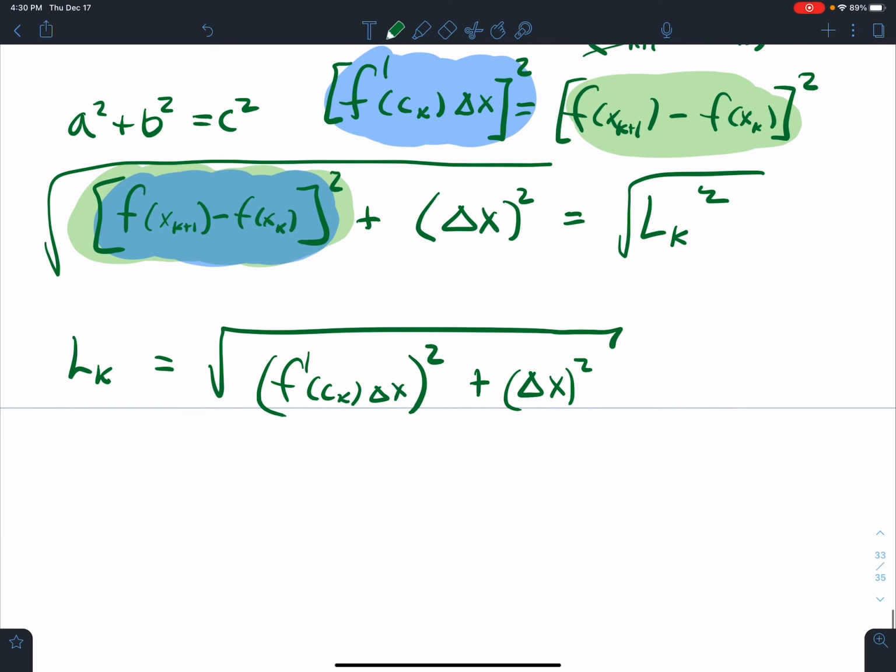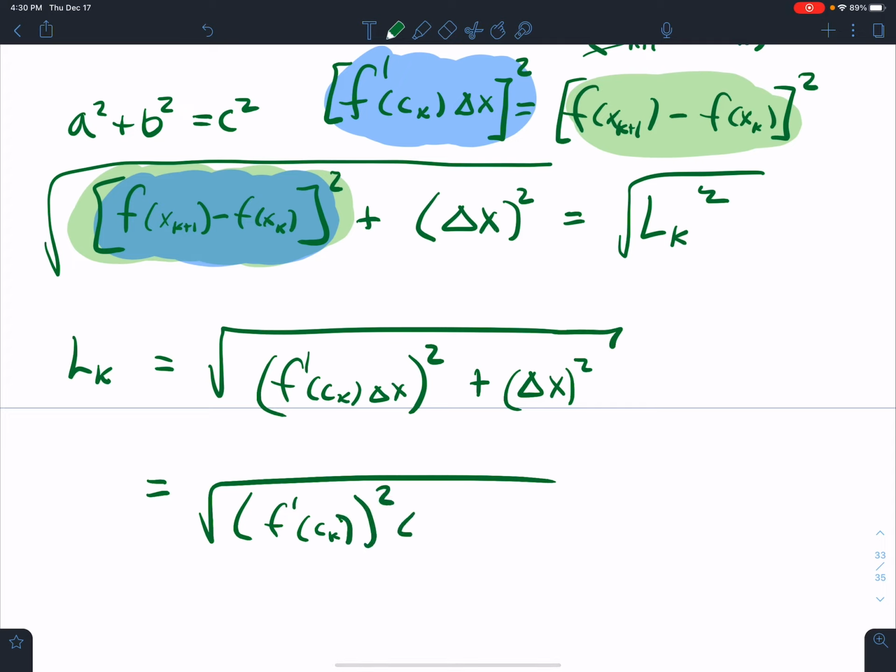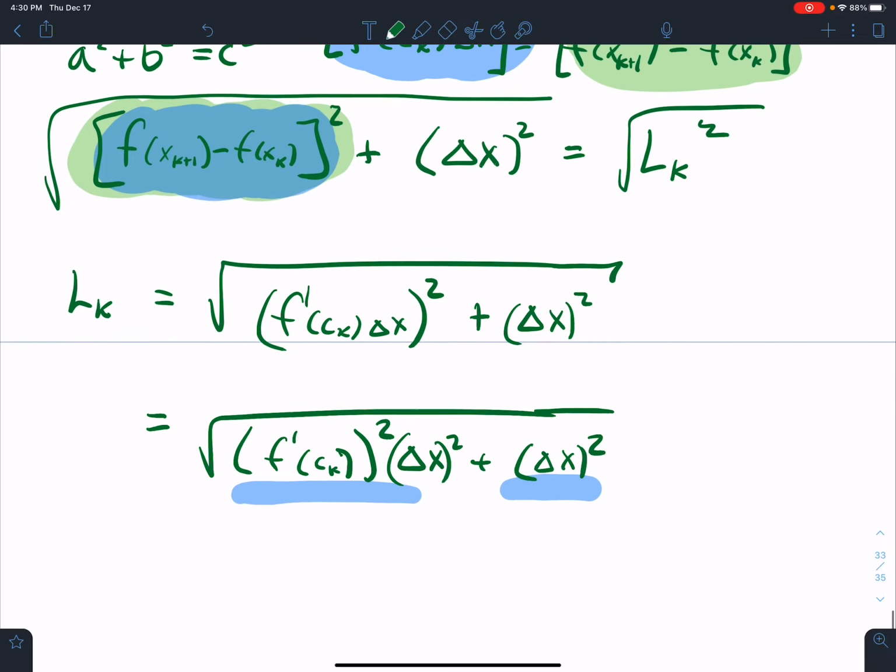All right. So now what I can do is factor a delta x squared out of both of these. So it's f prime ck squared times delta x squared, plus delta x squared. If I factor out a delta x squared out of here and here, what do I have left?